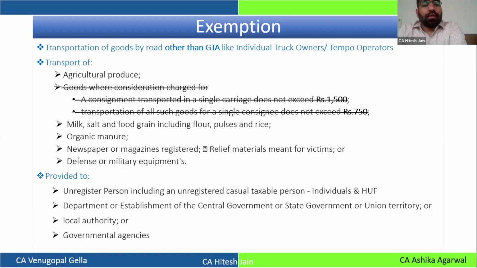Now, if you see, in the past, there have been a lot of issues. There have been cases where the GTA services have been procured and GTA has charged GST on the same. You have paid the tax to the supplier and the supplier has paid tax to the government.